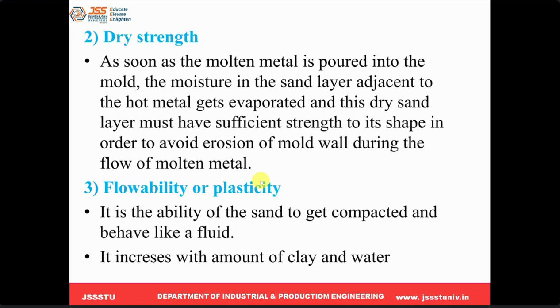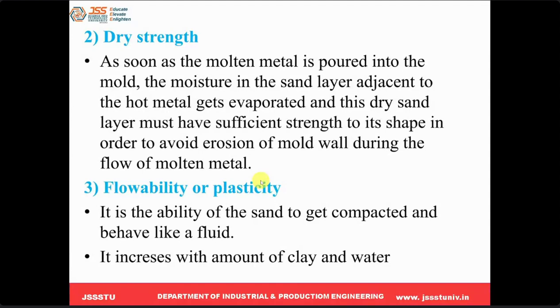Wet sand converts into dry sand. In the hot condition it should not collapse; it should hold for some time with some strength. That is called dry strength. It is very important, otherwise erosion will happen and it will collapse.